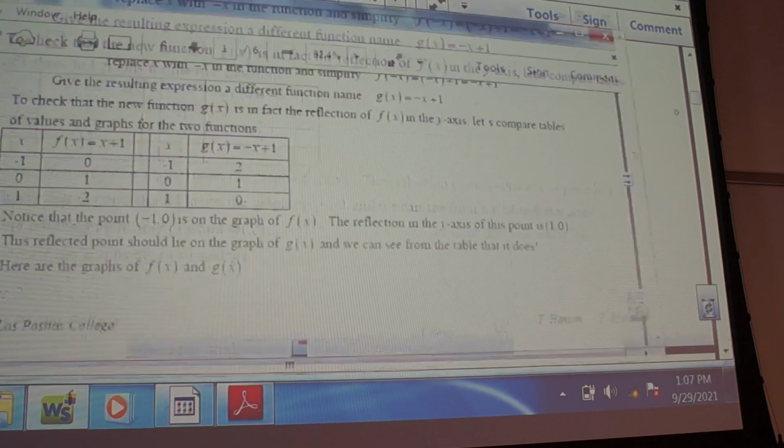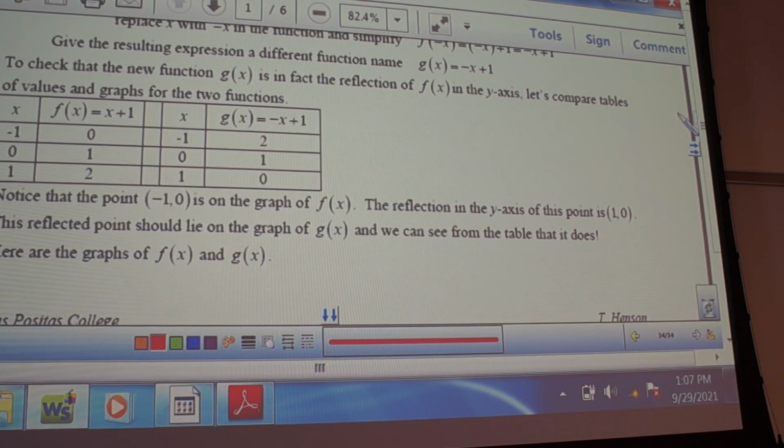But you can see that if we did do that, here's the f of x, here's the g of x. You put in these numbers, negative 1, 0, 1. Here are your y's, and you'll see that the point (1, 2) becomes (negative 1, 2), and the point (negative 1, 0) becomes the point (1, 0), and then the point (0, 1).